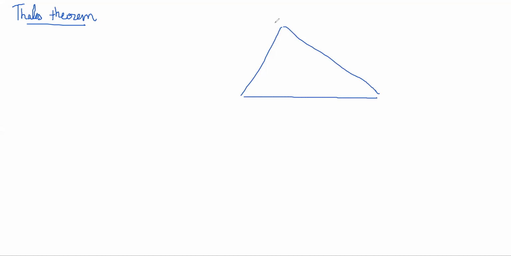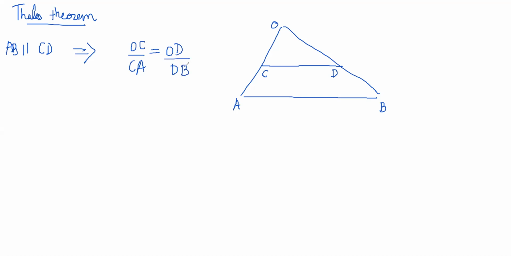So it says OAB is a triangle, and CD is a line that intersects OA and OB at C and D. Prove that AB parallel to CD implies that OC by CA will be equal to OD by DB, right?